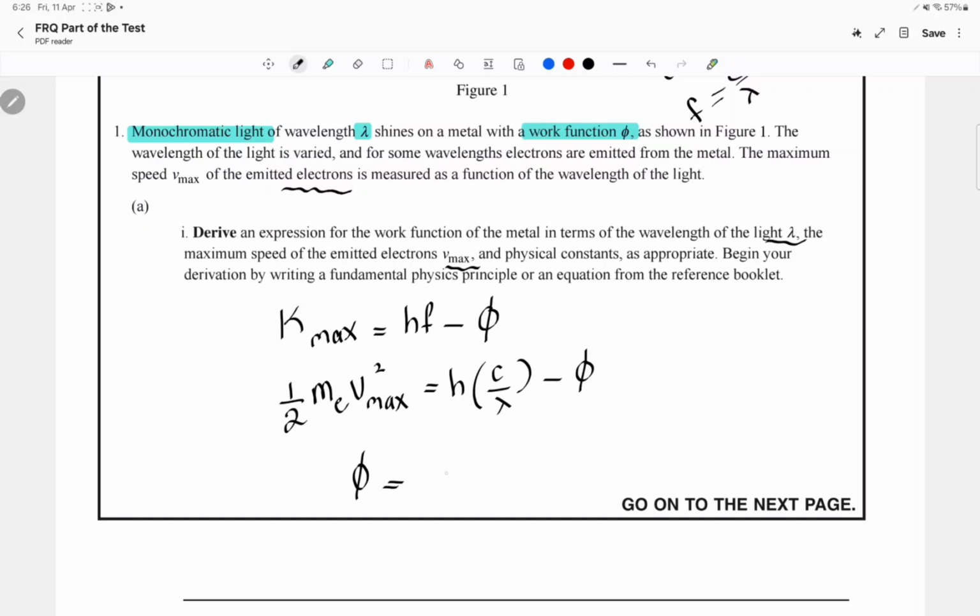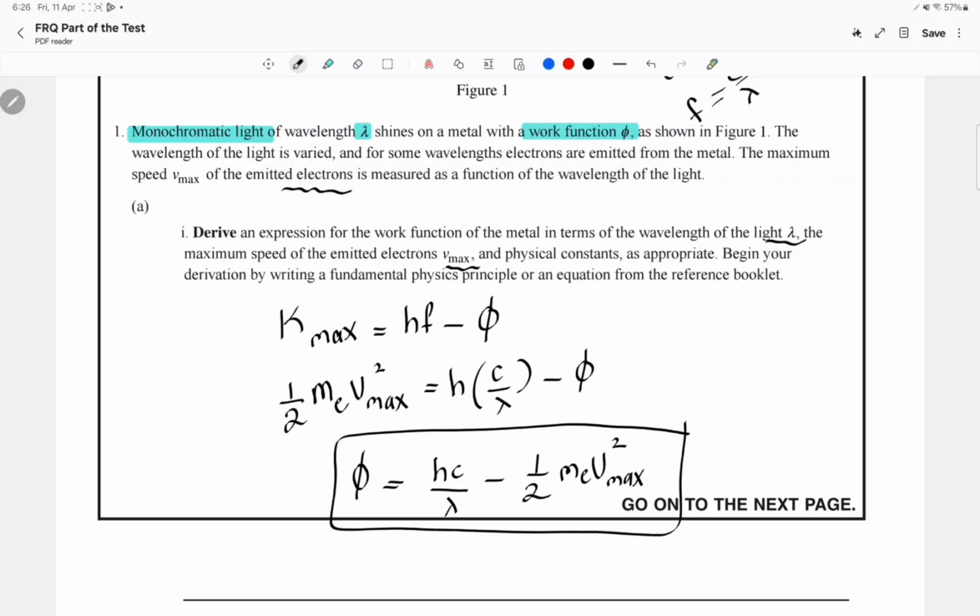I'll say work function is equal to hc over lambda minus half m_e v max squared. That's the derived expression, yeah.